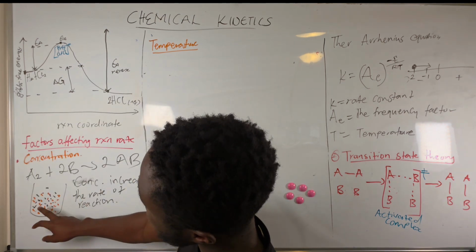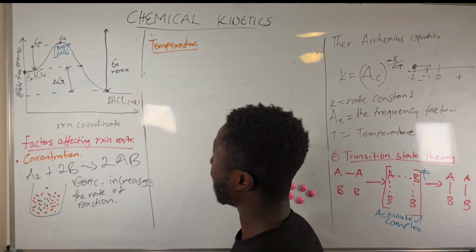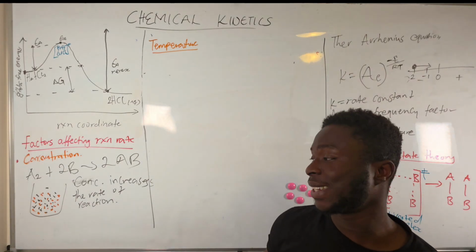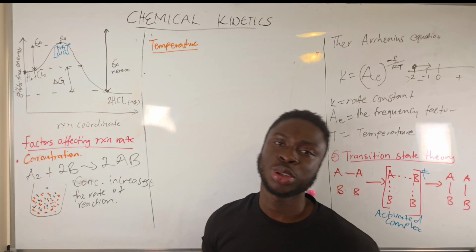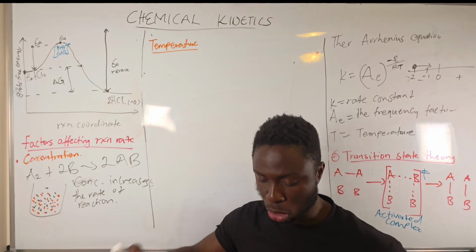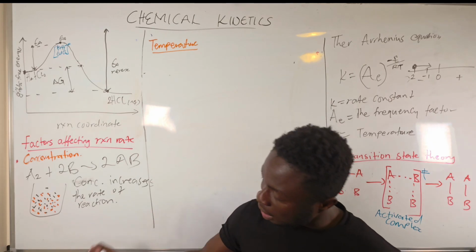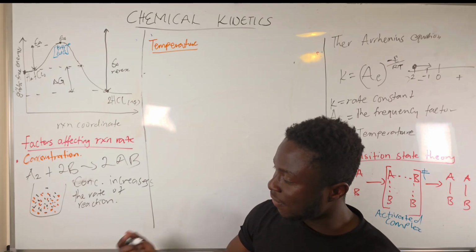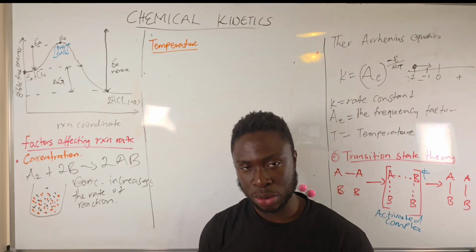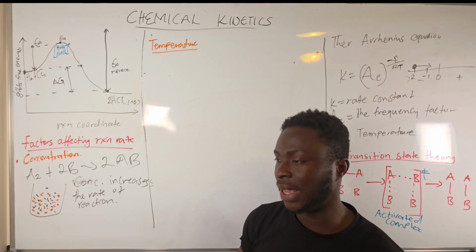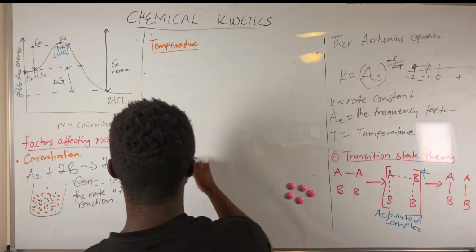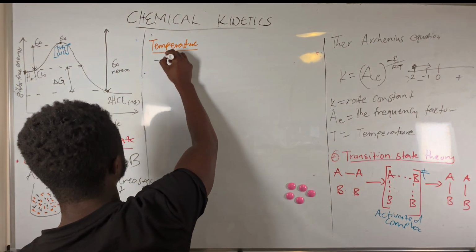If A and B are also in a gas form and I increase the temperature, which would in turn increase their overall kinetic energy, they are going to now have more kinetic energy to move around more and hence bombard with each other a lot more. And by so doing, I increase the rate at which they hit each other, Z, and then the effective collisions. So thereby increasing the rate of the reaction. So temperature would also increase the rate of reaction.